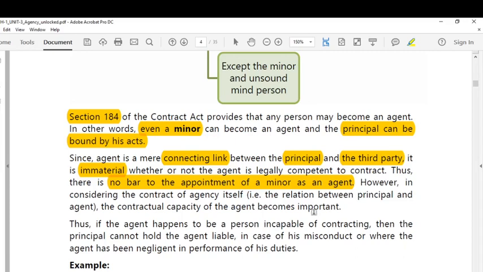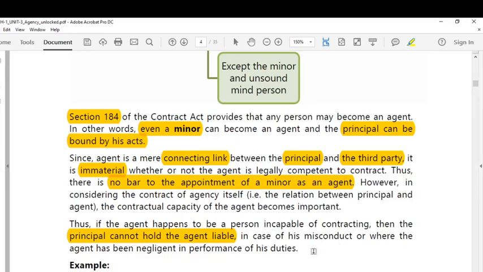appointed as an agent. So thus, if the agent happens to be a person incapable of contracting, then the principal cannot hold the agent liable. So the principal has a limitation. Whatever the agent does as an agent, if he is a minor, the principal cannot hold the agent liable in case of his misconduct, or where the agent has been negligent in performance of his duties.